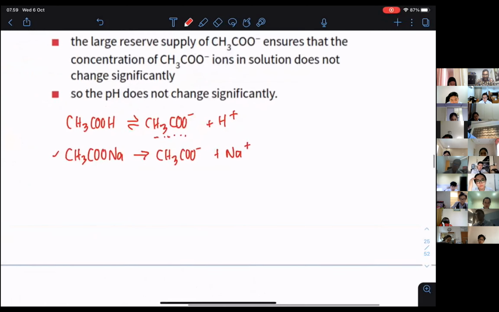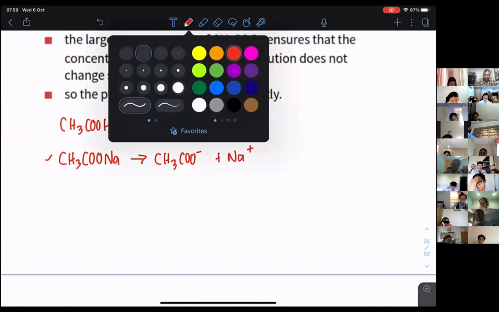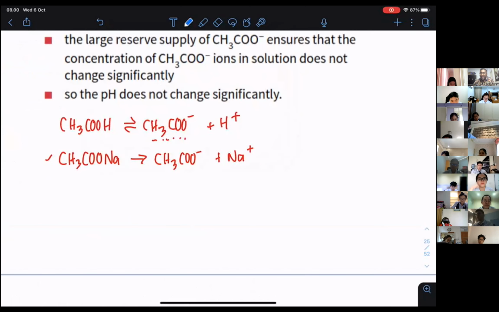Buffer means it maintains a constant pH when H plus or OH minus is added. So let's say I add H plus.